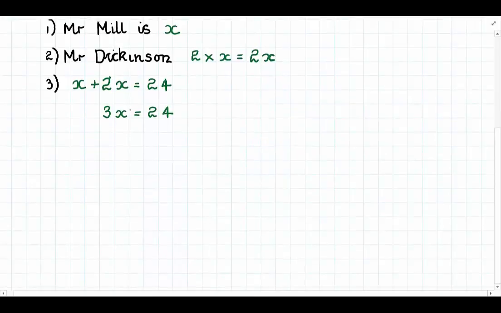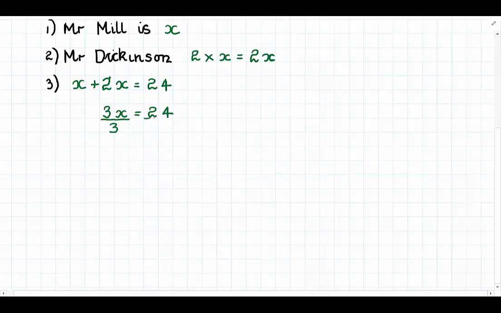We need to get x on its own. In order to get x on its own, we need to get rid of this 3. Now this is 3 times x. Therefore, we need to undo the multiplication by using division. We need to use the inverse to get rid of it. So we will divide by 3. And remember, what we do to one side, we must do to the other.